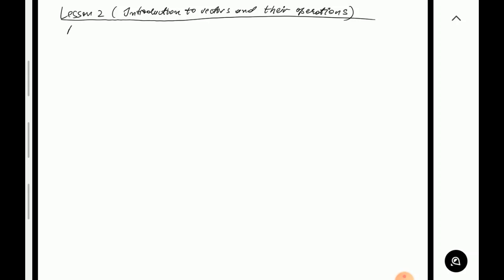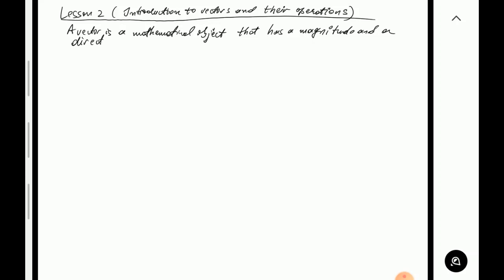So roughly speaking, a vector is a mathematical object, a very loose or encompassing word. So it's a mathematical object that has a magnitude, or indicates a magnitude, and a direction. Of course, without some examples that may not mean much, right?